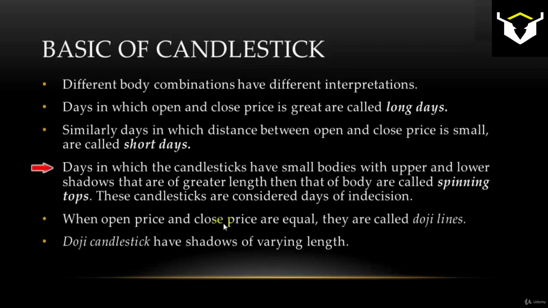Days in which candlesticks have small bodies with upper and lower shadows that are of greater length than the body are called spinning tops. These candlesticks are considered days of indecision. When open price and close price are equal, they are called doji lines. Doji candlesticks have shadows of varying length.